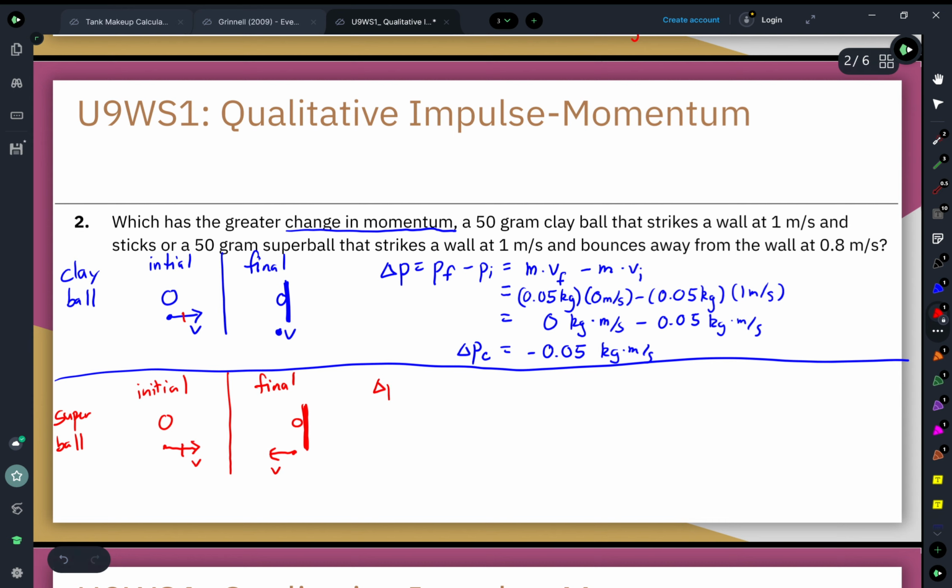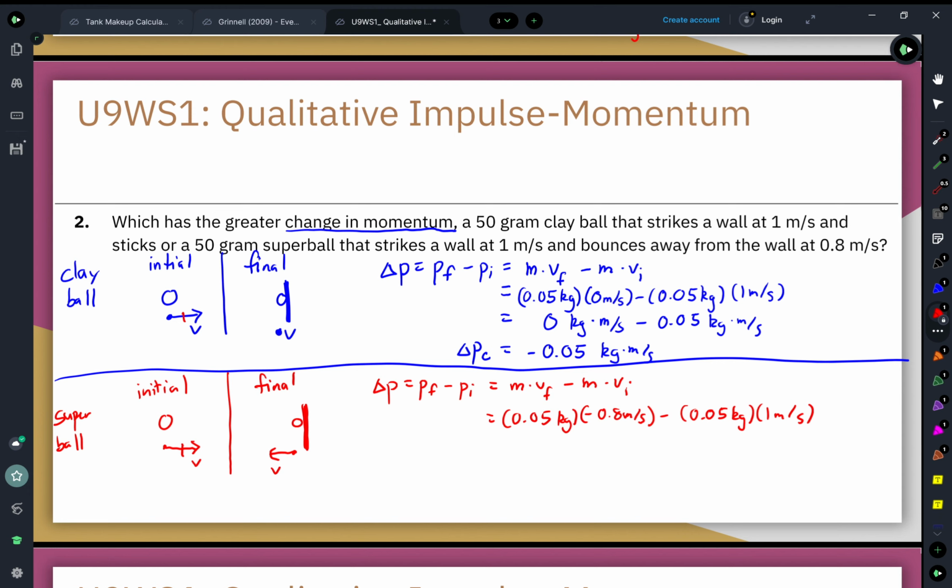To calculate the change in momentum of the super ball, same process, final momentum minus initial. Mass times the final velocity minus mass times the initial velocity. The 0.05 kg times 0.8 meters per second, now going in the left direction, and because it is traveling left, that's going to be a negative sign. Minus our 0.05 kilograms times our 1 meter per second.